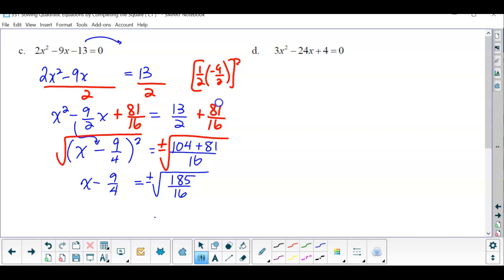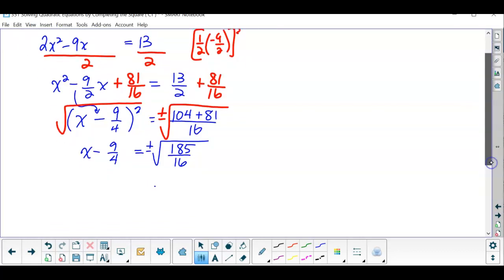And then get the x by itself, but also simplify the radical. Right, so this is going to be x equals 9 over 4 plus or minus root 185 over 16. 5 goes into that 37 times. So you can't simplify root 185, but root of 16 is 4.